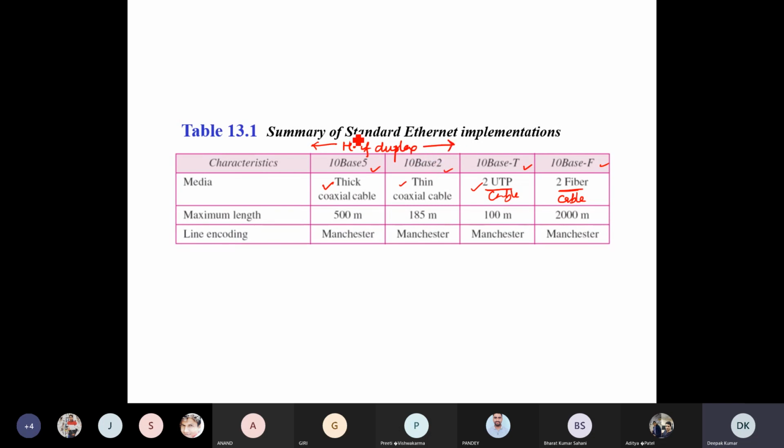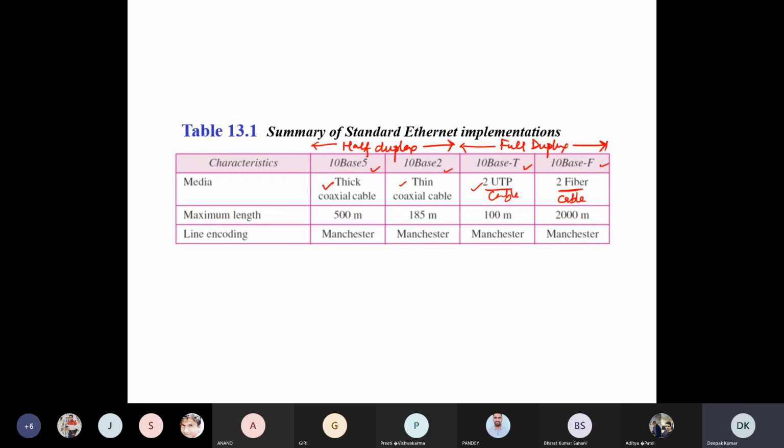Half duplex means either you can transmit or you can receive, only one of them will happen at a time. Transmission and reception both simultaneously are not possible. But these two techniques have a pair of cables, so they can support transmission as well as reception at the same time. This is called full duplex.